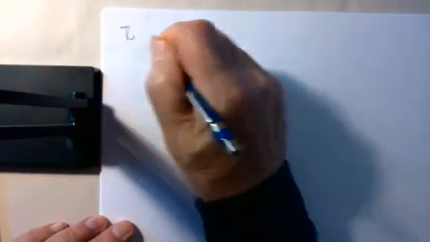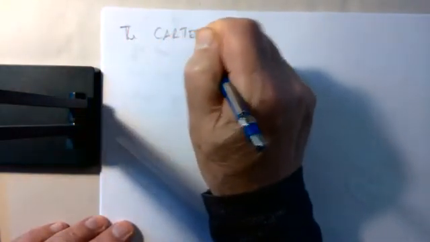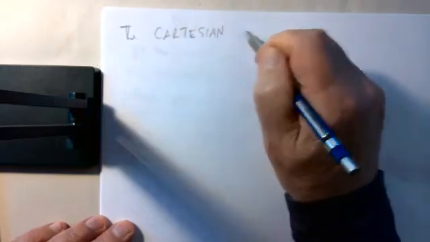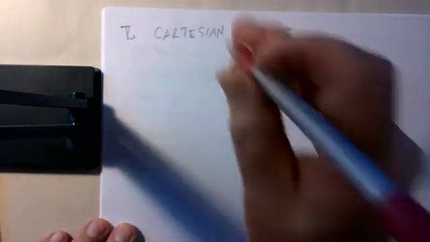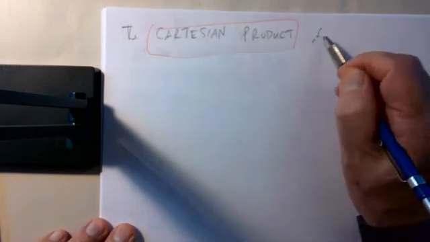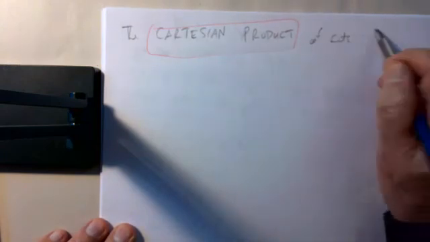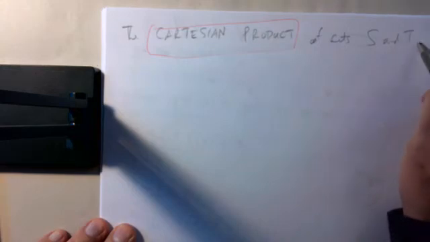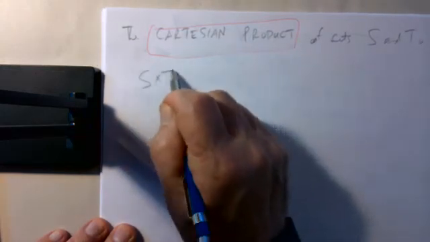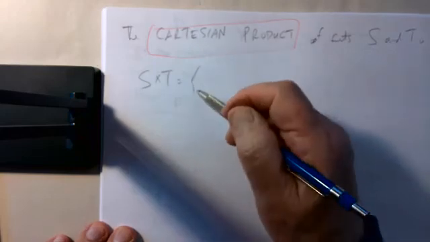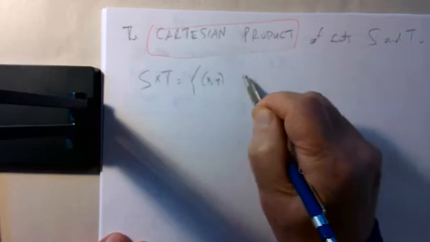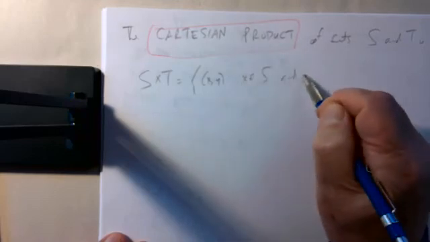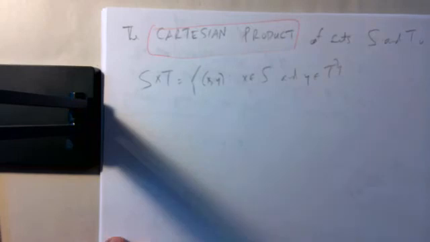The Cartesian product of sets S and T is the set which we write S times T. And this is a set of ordered pairs. It's all pairs X comma Y, such that X is in S and Y is in T.